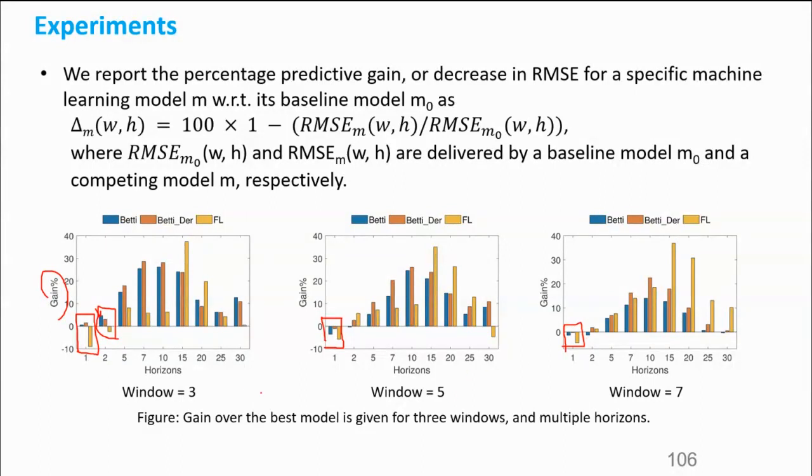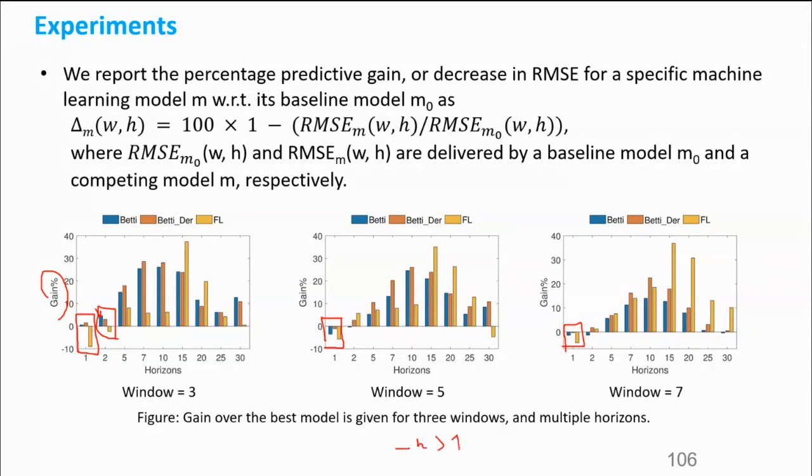These figures are for different windows, but we found that a window of 3 or 5 is better because computationally it's also cheaper. But the main point in these figures is that you need to predict a horizon bigger than 1.